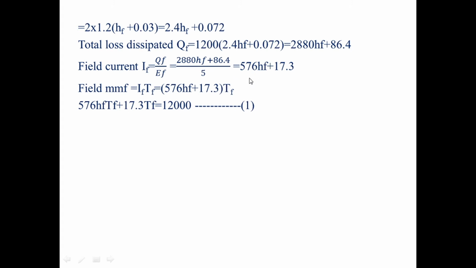That is IF into TF, so you will get 576 HF into TF plus 17.3 into TF, which is equal to 12,000. 12,000 is the field MMF. You call it equation number 1.